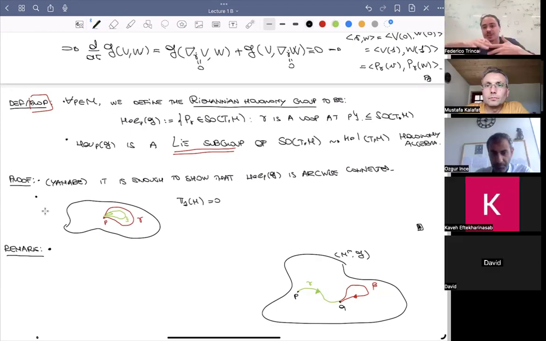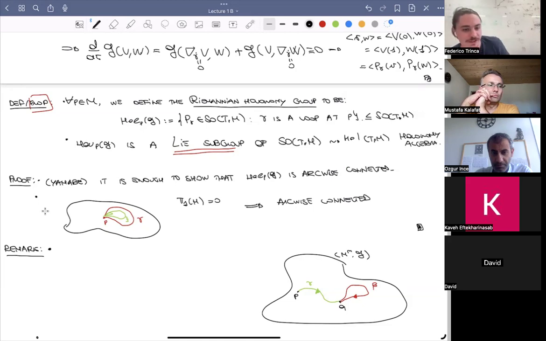And so each loop can be connected to the constant path, and we are arcwise connected. So this is more of a sketch of the proof, I guess, than a complete proof. Done.